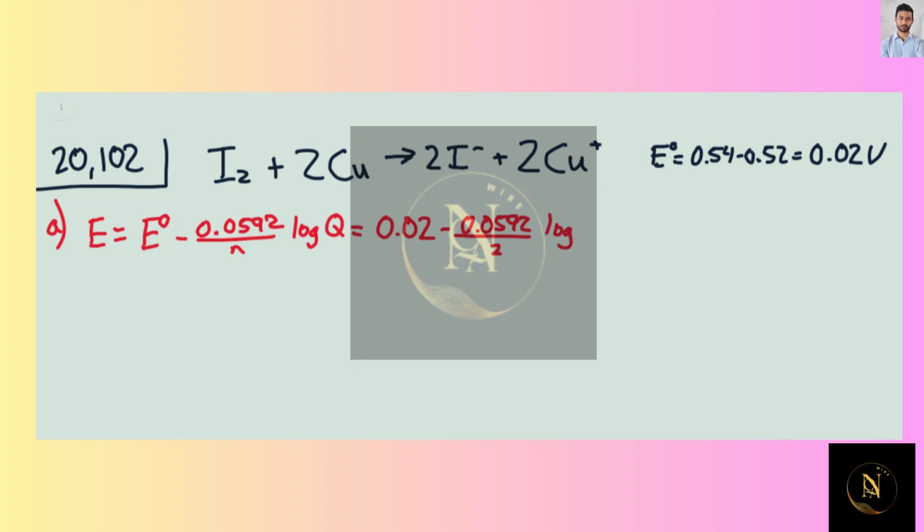Then we get the log, and this is an unusual situation because both of the soluble compounds are on the product side. So in the log here we have multiplication, not division. So we multiply these two concentrations. And when we do this, we get a value of 0.08 volts.